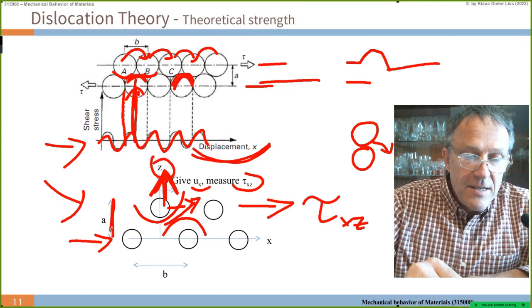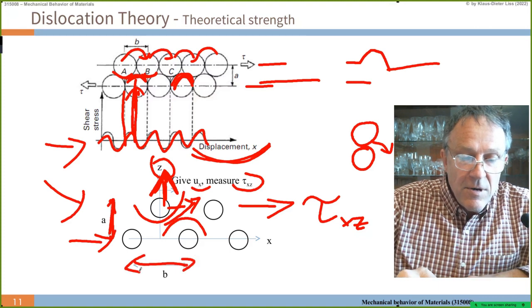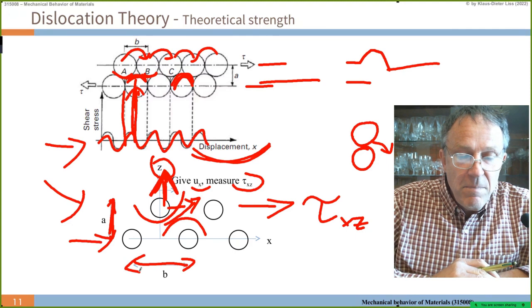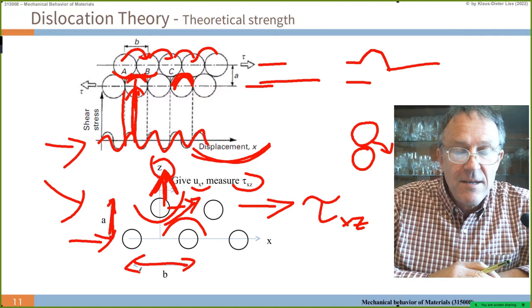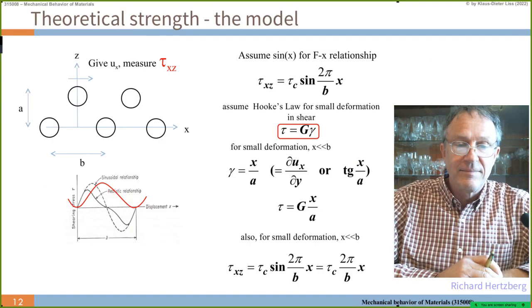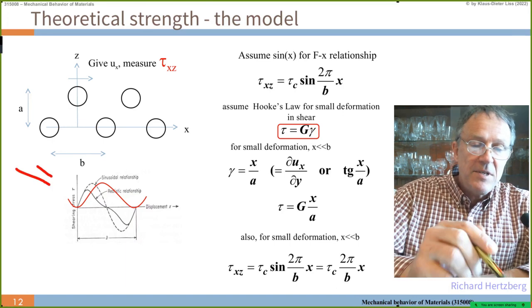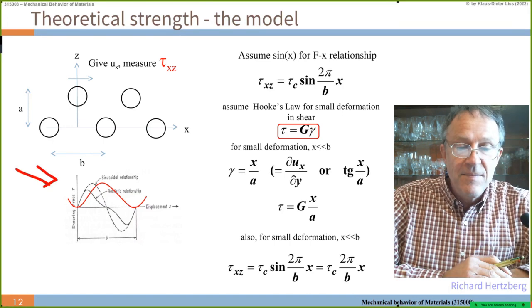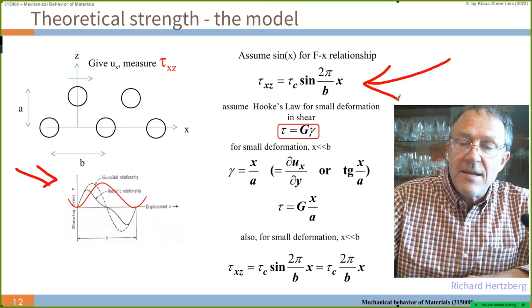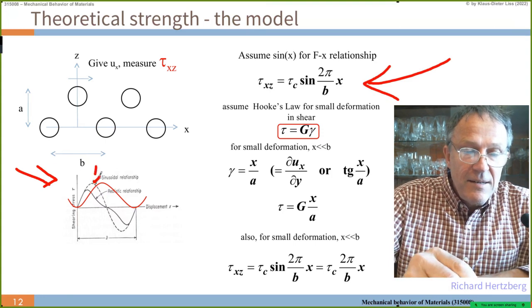So we call this a lattice parameter A, or lattice distance A, and this we call the displacement vector B, because after this it is periodic. As I say, B like Burgers vector. I come to that again. And let's go through the formalism. So we have this sinusoidal function. Let's say we write it down as a sine function, as shown here by the dotted line.